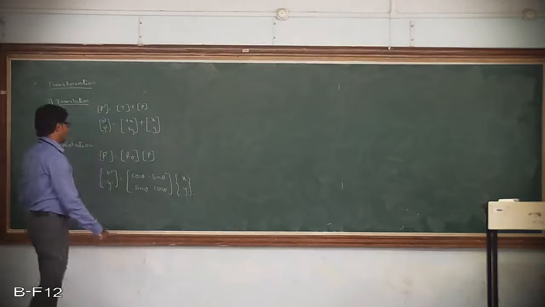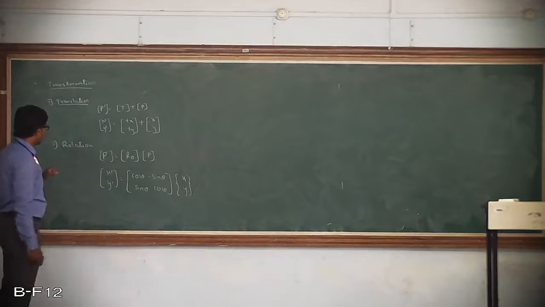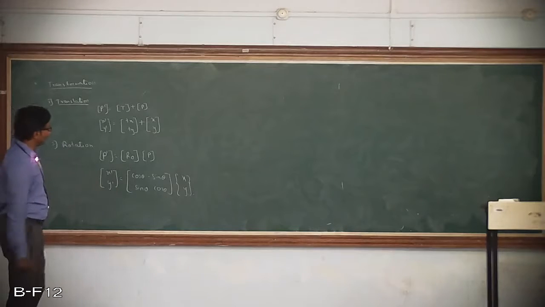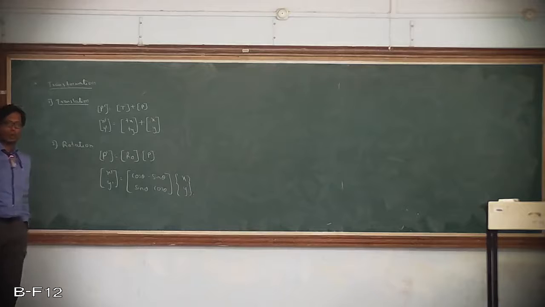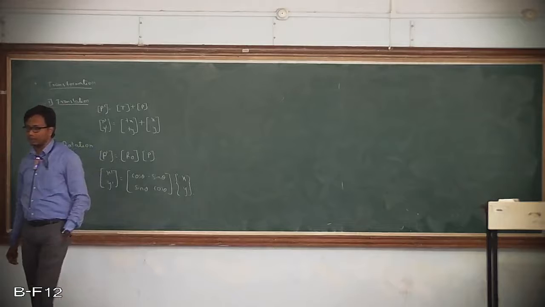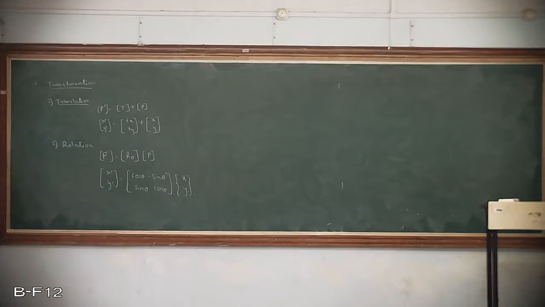Okay, in scaling we get P dash equal to S into P, where you have Sx, Sy as the scaling factors, and you multiply with the original point to get the final coordinates of that point.